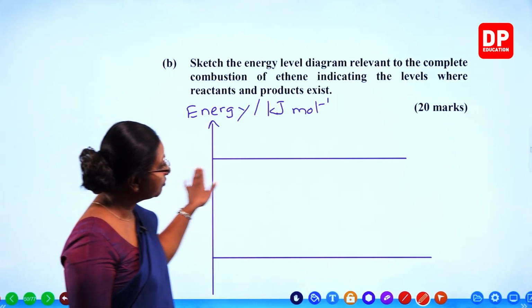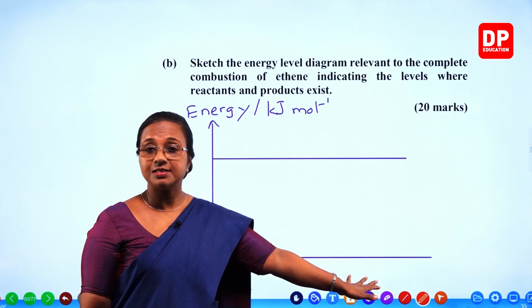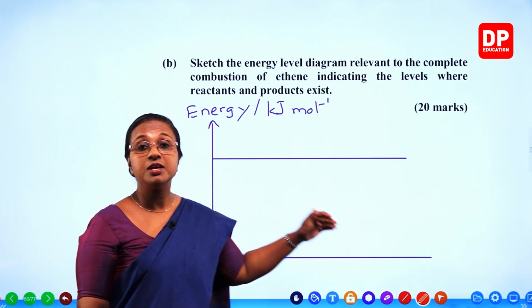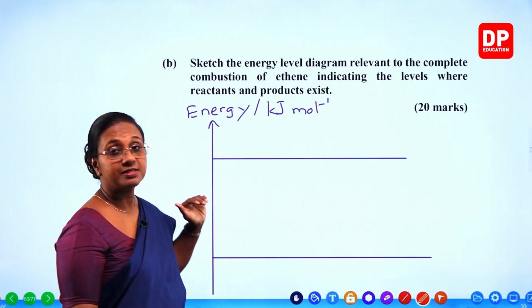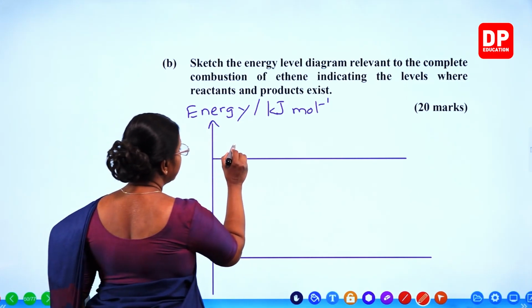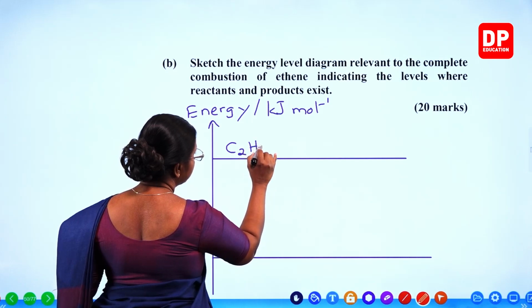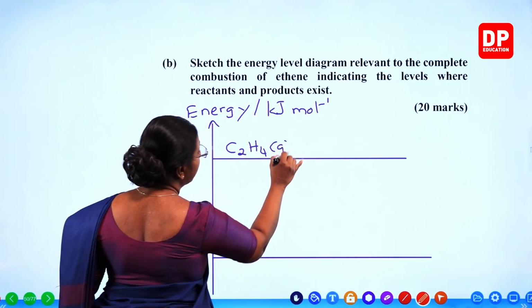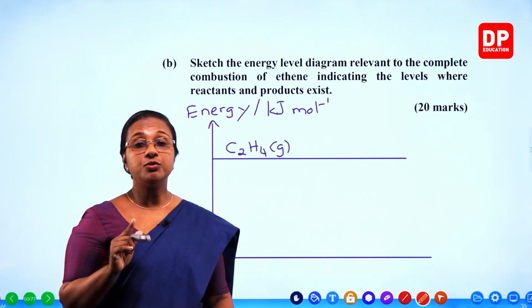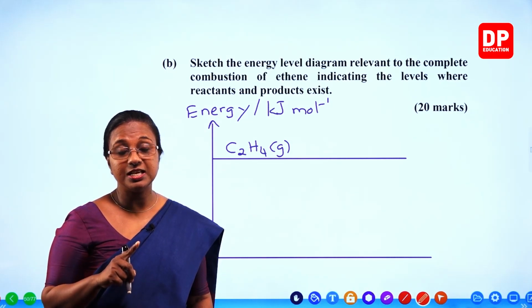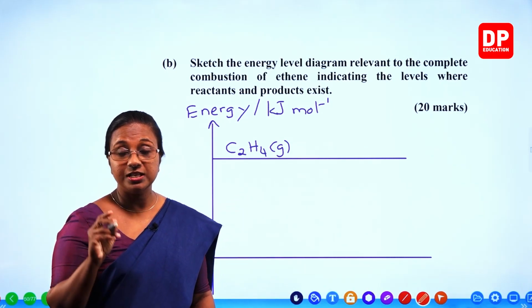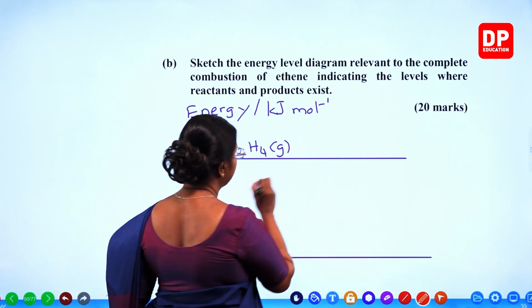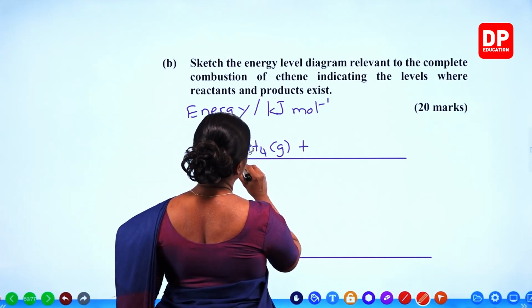Then you have to write the reactants and products in the relevant energy levels. Here, since it is the exothermic reaction, reactants are on top. So we need to have C2H4 and you have to write the physical state. You all know heat changes or energy changes are related to physical states as well. So it is compulsory to show that as well.